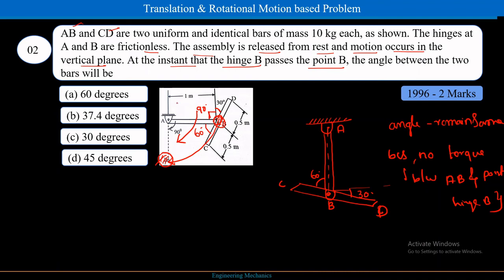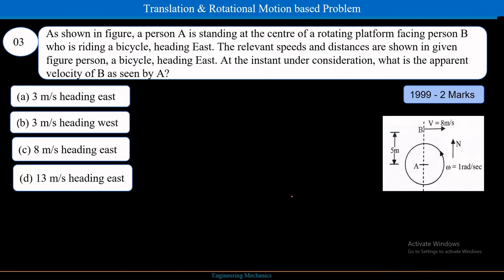So what is the answer here? It's going to be 60 degrees only. Here also 60 degrees and here also 60 degrees. It's a very simple sum. Let's move on to the next one.